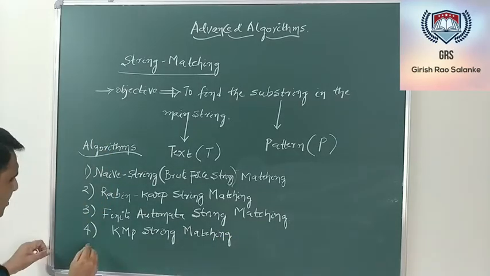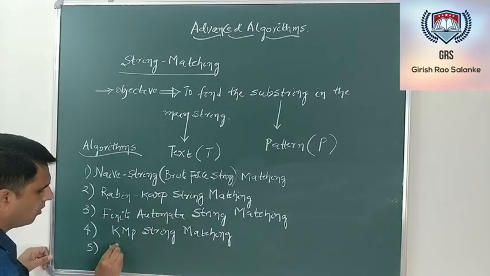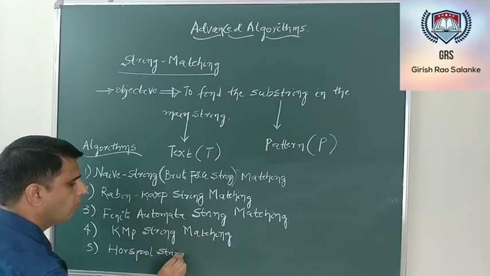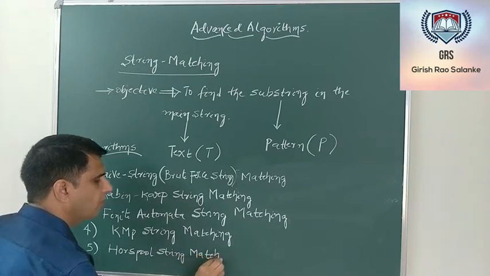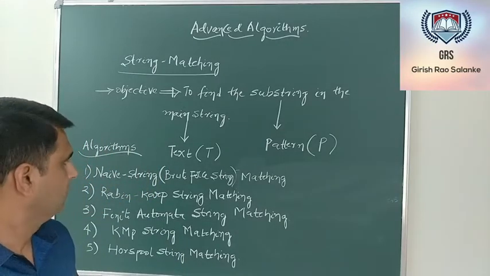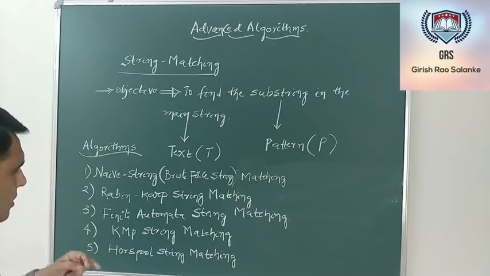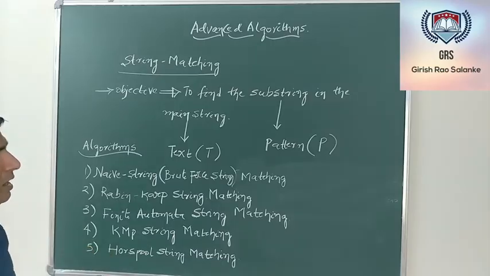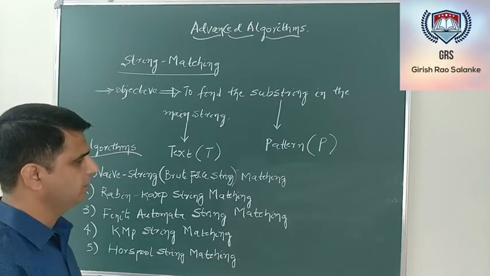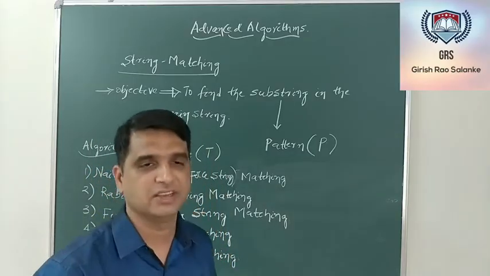So these are some; maybe I can list one more, say Horspool string matching algorithm. So these are some of the popular string matching algorithms that we come across. Naive string matching, Rabin-Karp string matching algorithm, finite automata based string matching algorithm, KMP string matching algorithm, and Horspool string matching algorithm. Now in today's video, we'll see what we mean by the naive string matching algorithm, as well as we'll discuss what the time complexity is and what the best and the worst cases of the naive string matching algorithm are.